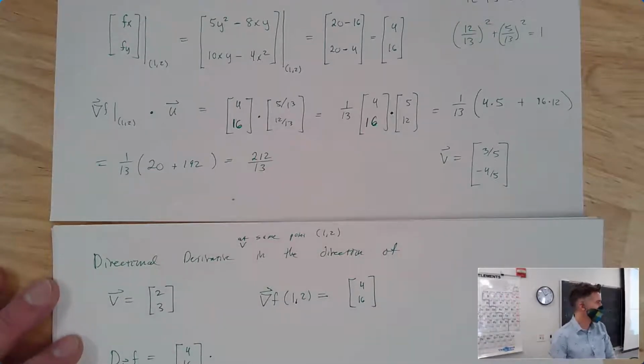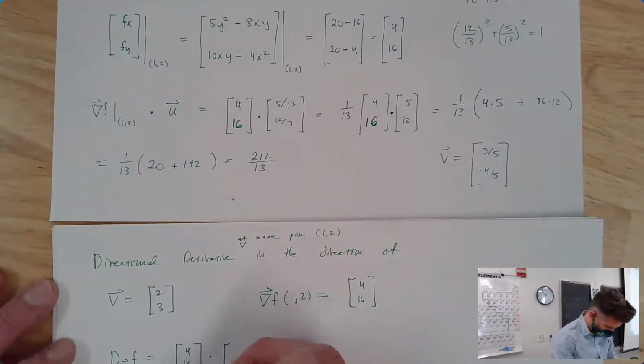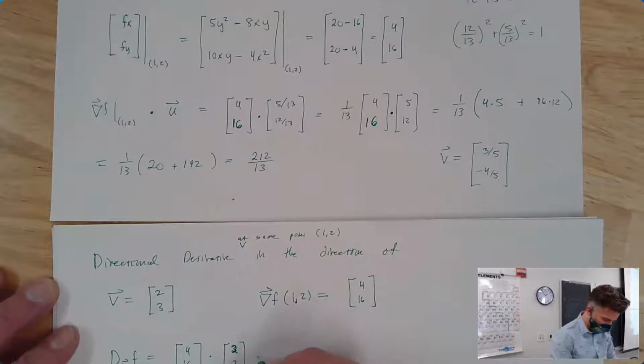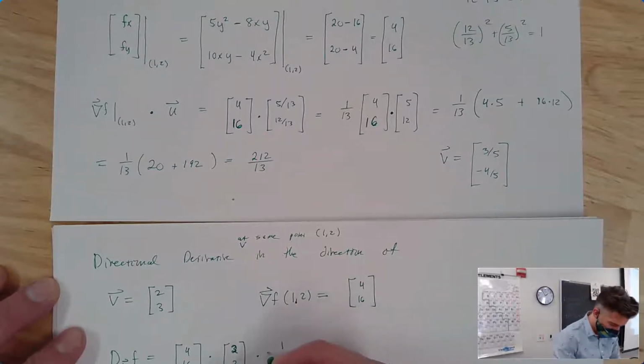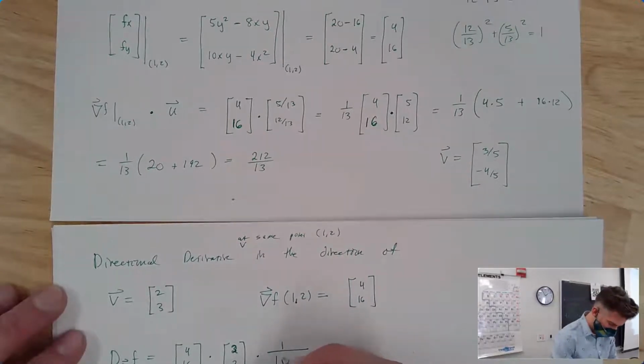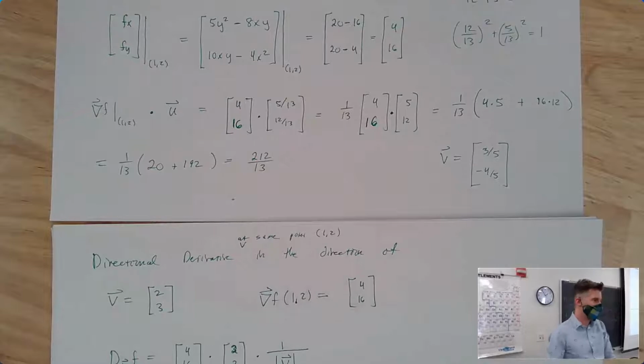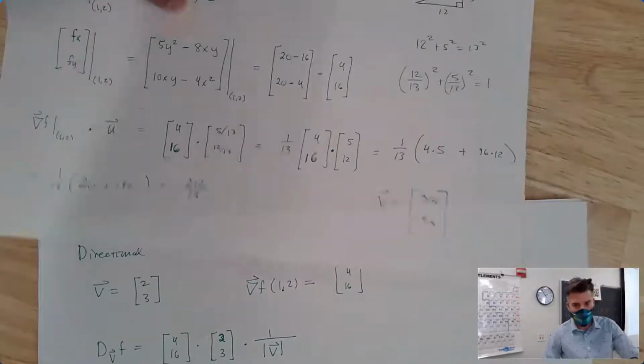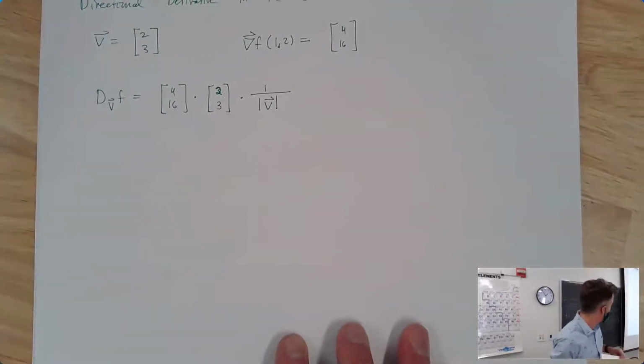Well, it's not just 2, 3. It's 2, 3 as a unit vector. So I have to take that vector and divide by its magnitude. Or as I would rather write, multiply by 1 over its magnitude. To me, that seems like the easiest notation for writing that.